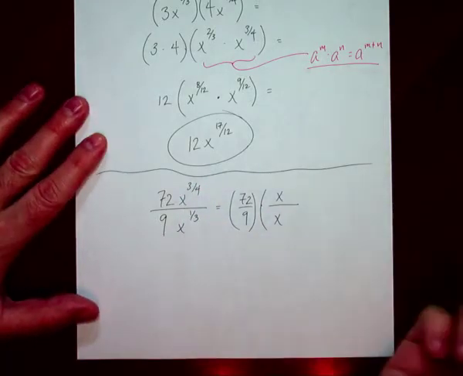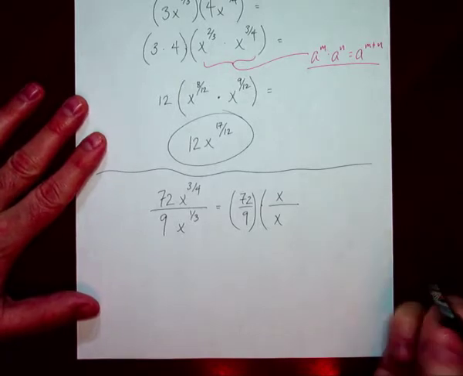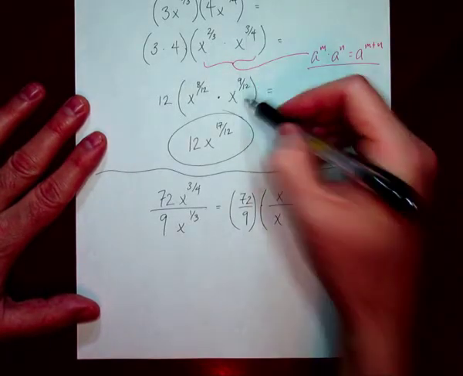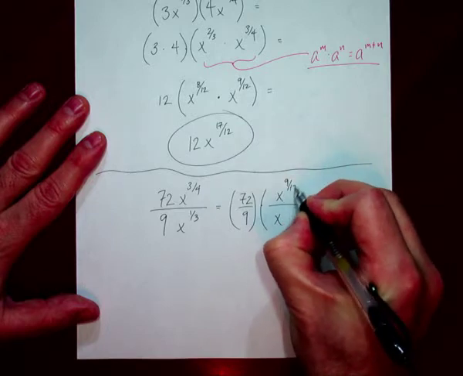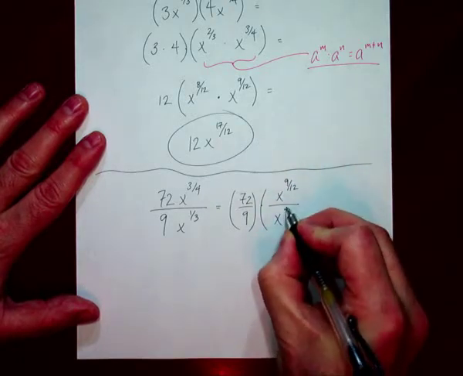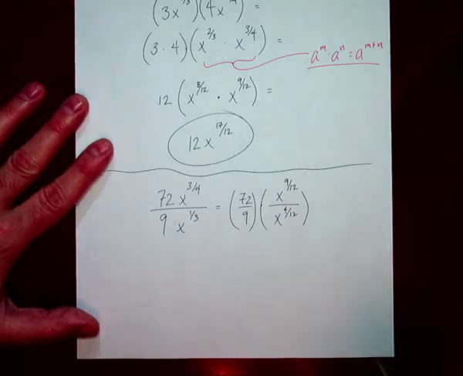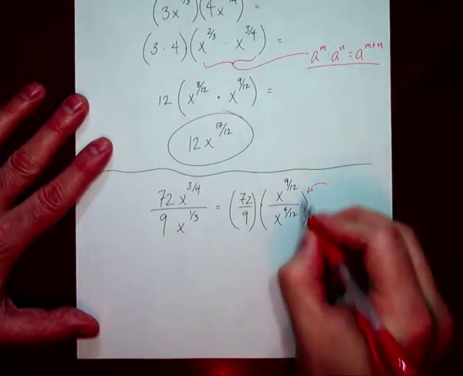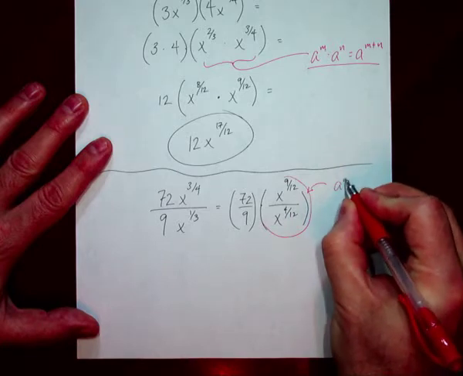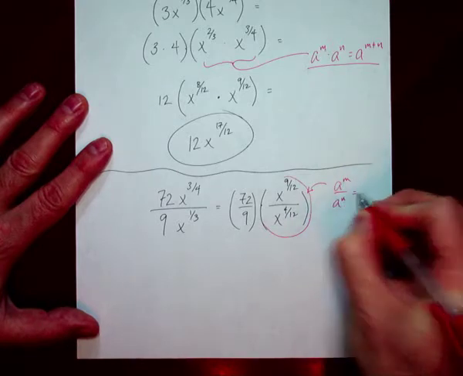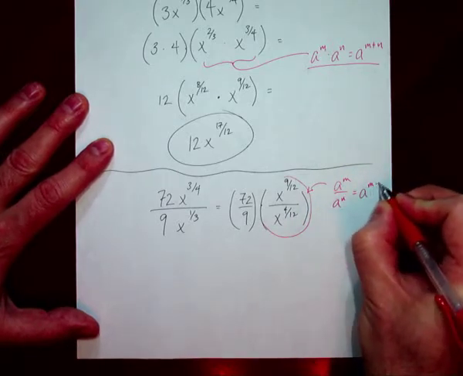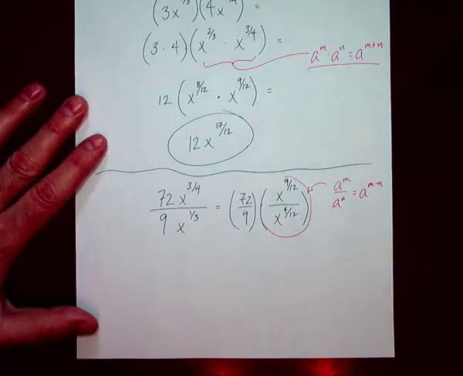And of course we already know what we're going to unreduce these to. x to the 3/4 becomes x to the 9/12, and x to the 1/3 becomes x to the 4/12. Now, in this particular one, it's going to be the analogous a to the m over a to the n is equal to a to the m minus n, which is why we also had to get a common denominator.